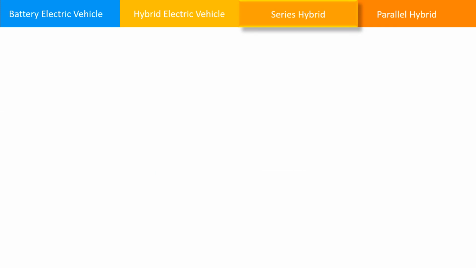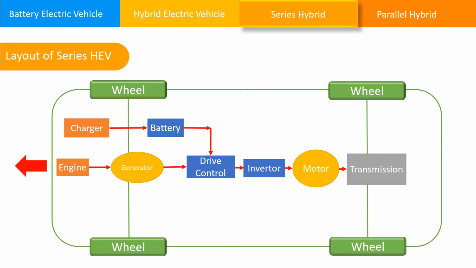So this can be perceived as the layout of the series hybrid electrical vehicle. There is a drive control and the inverter to convert DC to AC, which are the same components from the battery electrical vehicle. The inverter provides AC supply to the AC motor, which in turn drives the transmission.